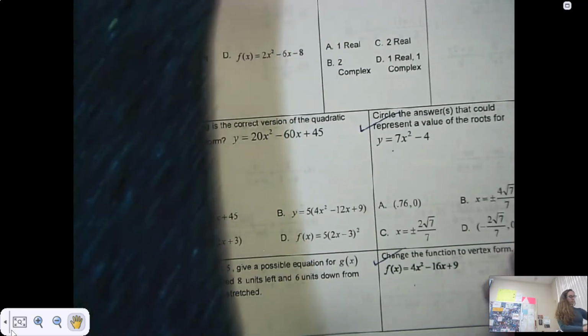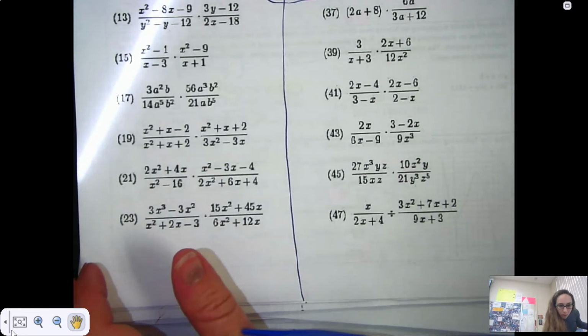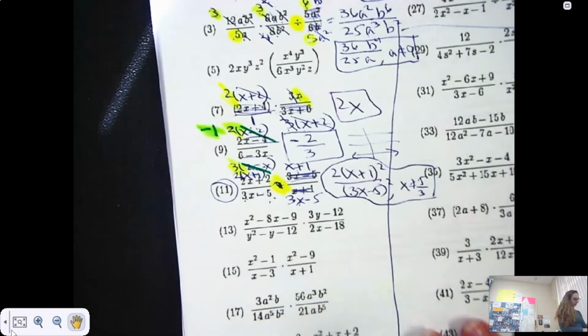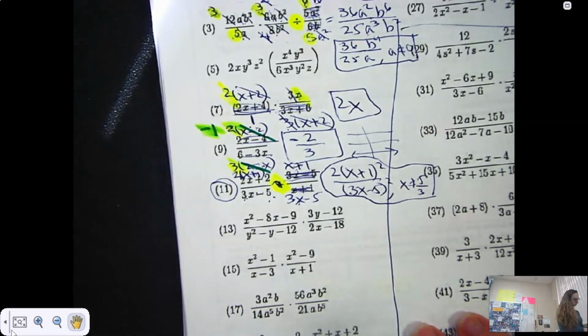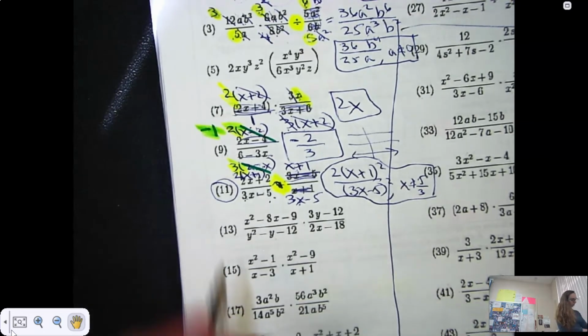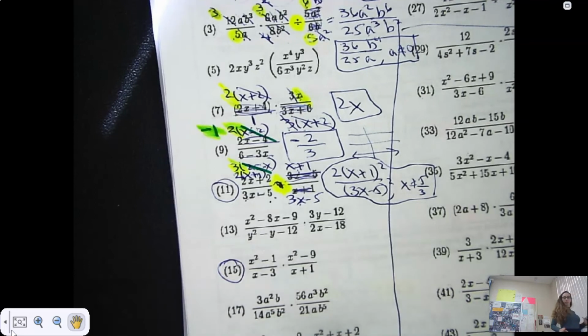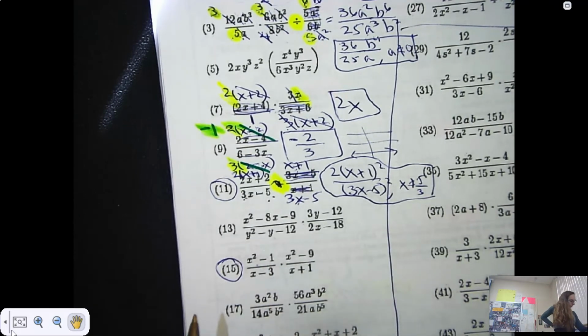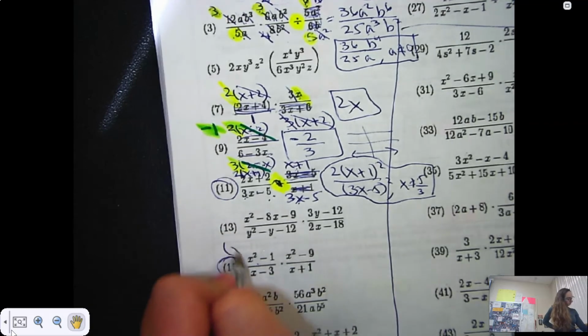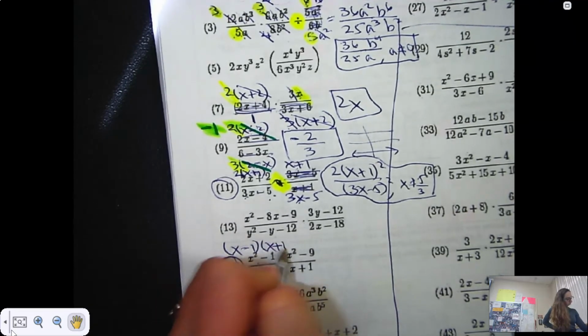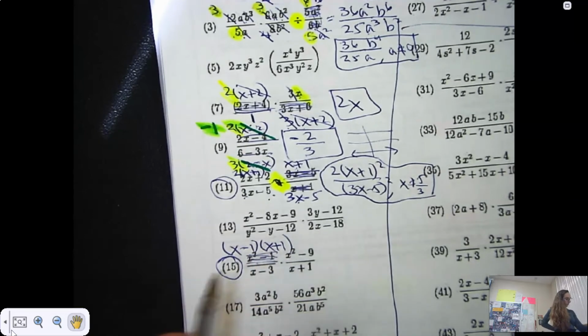But before I go over it, let's see if I have more time here. I do. I want to do a couple more of these problems. So here's what I want you guys to do: try this problem here. When you factor this, what do you get? Now cross it off.